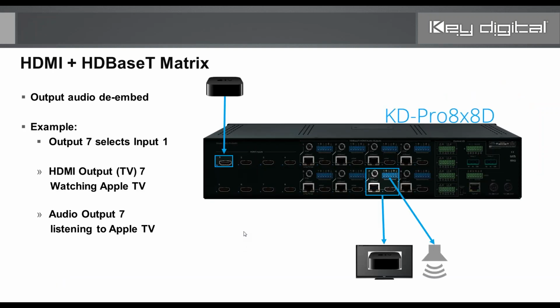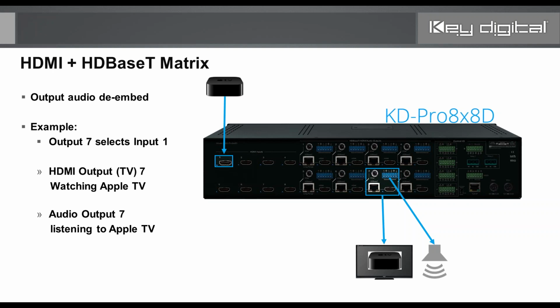The output audio de-embedding works by following the selected video source for each output. So we see in our example here, if we have an Apple TV connected into input 1, and our output number 7 display is selecting that Apple TV, then of course that's the video and audio that's going to that display.